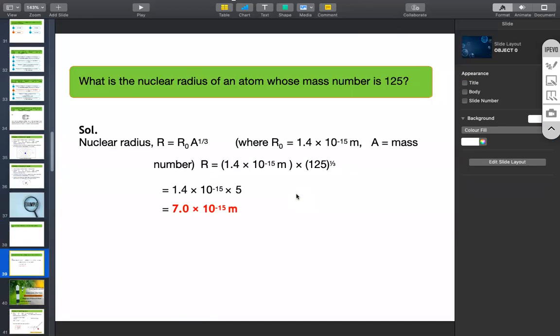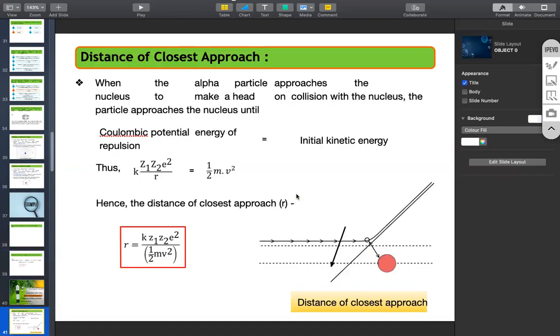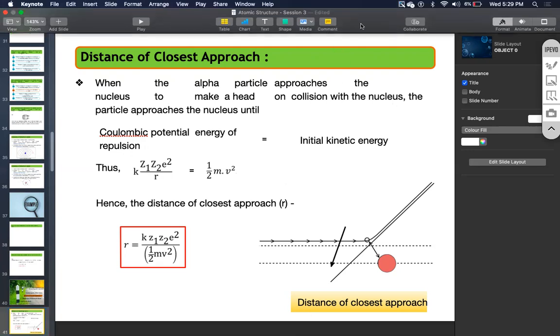Now the next topic is distance of closest approach. We have got to know about the radius of a nucleus; now we will try to understand how the distance of closest approach was obtained. Tell me one thing: do you know the potential energy of a two charge system?